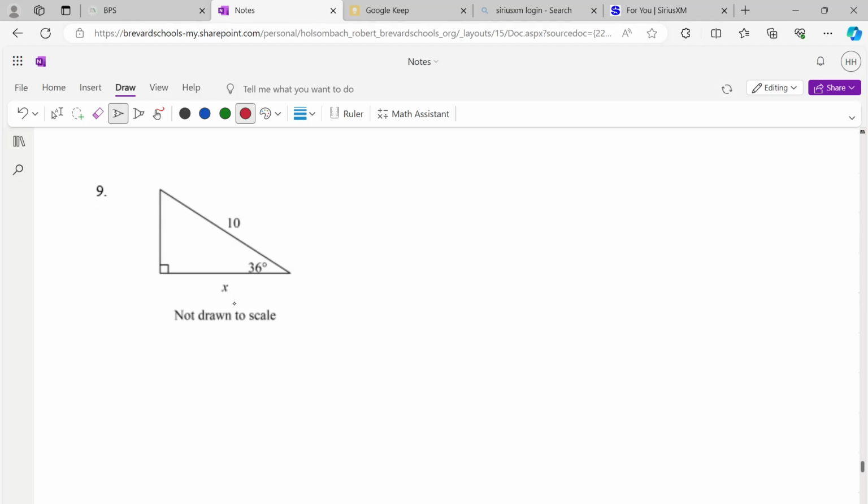Problem number 9, we're dealing with adjacent and hypotenuse again.